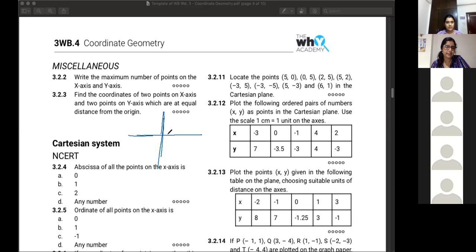The only criteria is that both points should be on the x-axis. So on the same line, you need to find 2 different points. And both the points, if you calculate the distance from the origin, it should be equal. Okay, ma'am. Suhani got it, yes.